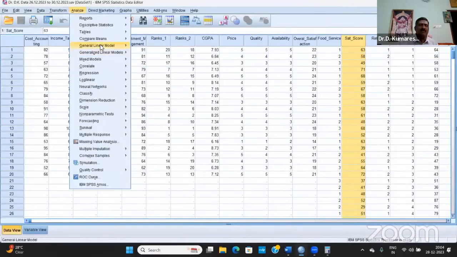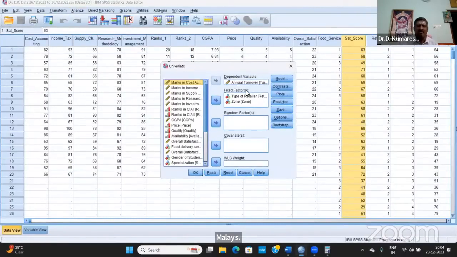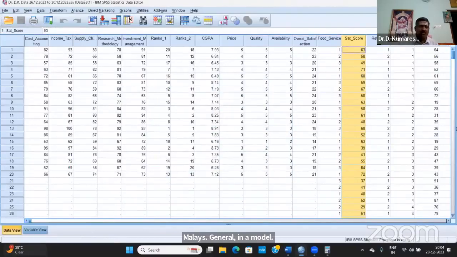analyze, general linear model, univariate, type of retailer, zone. Go to zone.